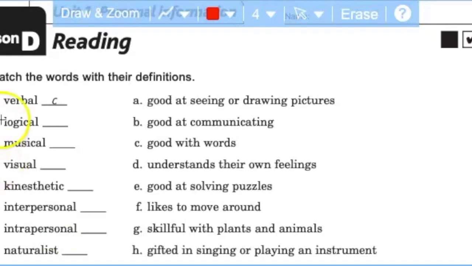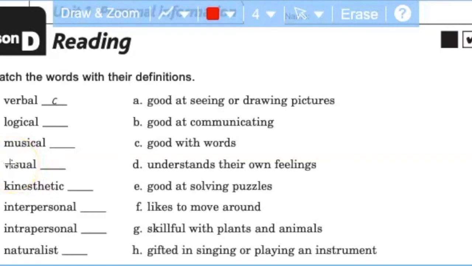Okay, now it's time to go over the actual answers. As we said, number 1, verbal, is C, good with words. Number 2, logical, the answer is E, good at solving problems. Number 3, musical, the answer is H, gifted in singing or playing an instrument.